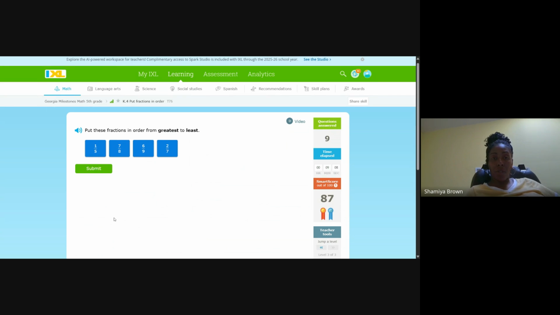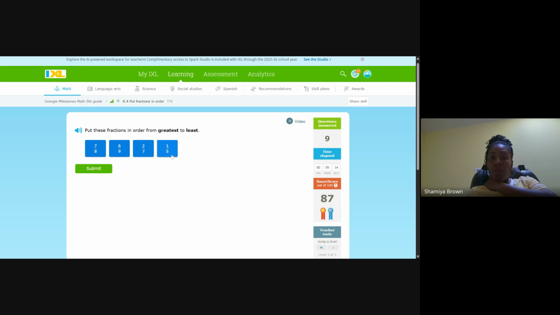So this one is 4 of them. Let's see if we can do this one using benchmarks. 7/8 is almost a whole. So that's going to be the biggest. 1/5 is far from a whole, so that's going to be the smallest probably. Then 2/7 is far from a whole. 6/9 is closer to a whole.